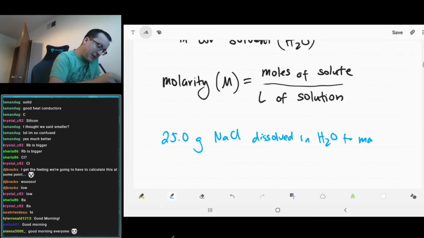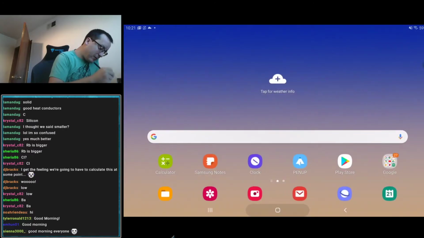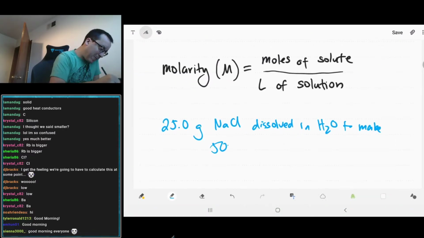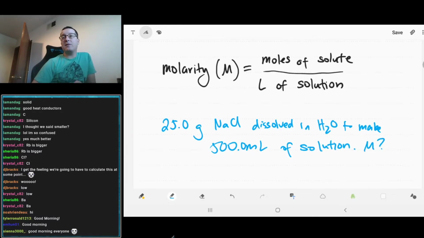Let me just write a question here. Alrighty, so if I gave you a question like this that said 25 grams of sodium chloride is dissolved in water to make 500 milliliters of solution, we can calculate its molarity.